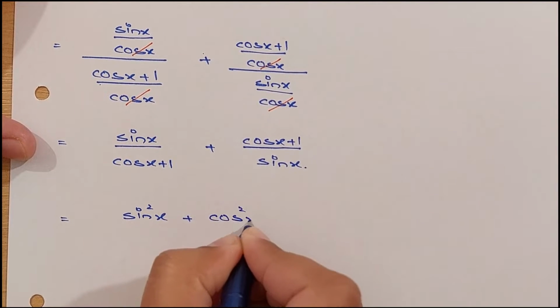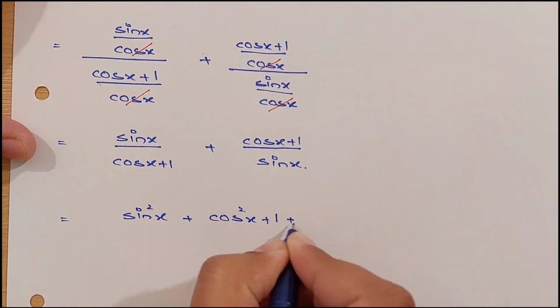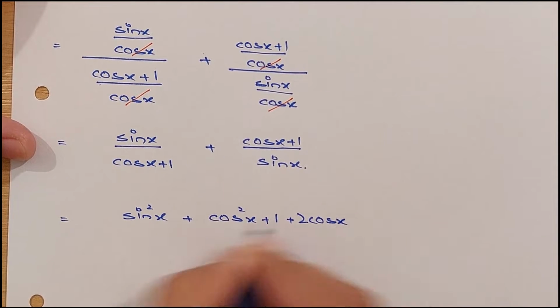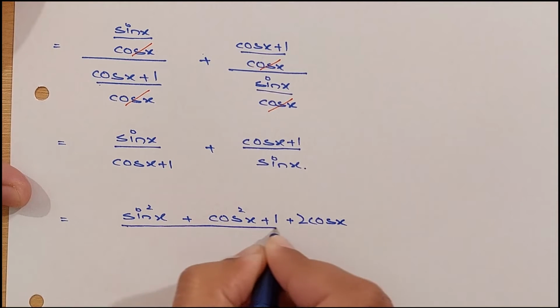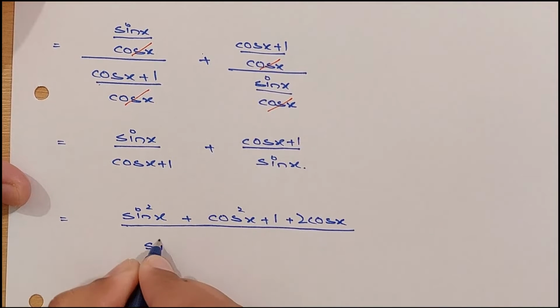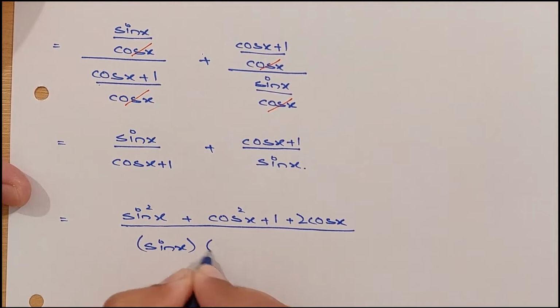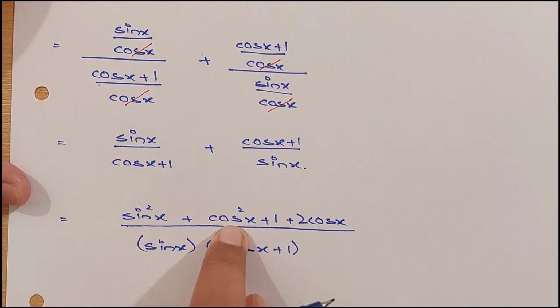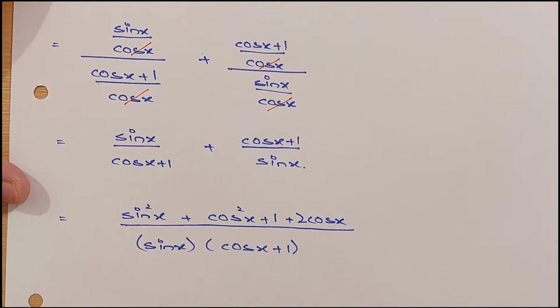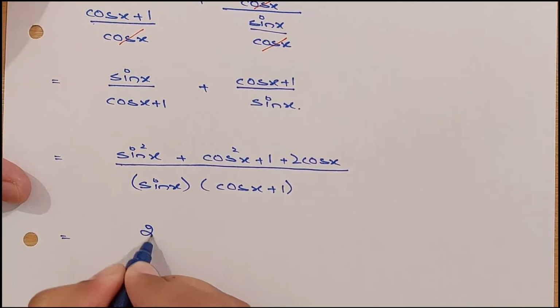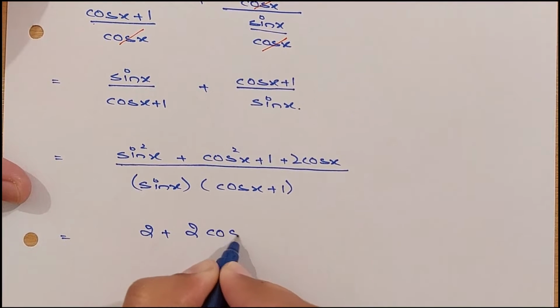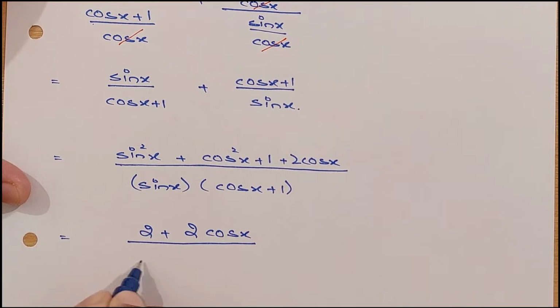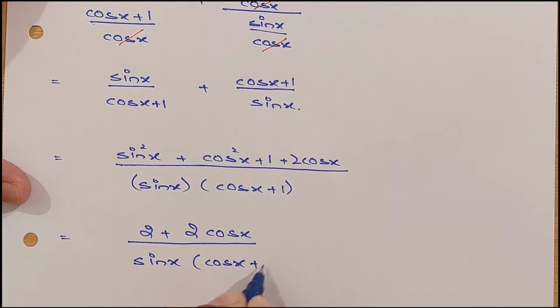So cos square x, 1 square is just 1, plus 2 cos x, whole divided by sine x into (cos x plus 1). Sine square x plus cos square x is 1, and 1 plus 1 is 2. So we have 2 plus 2 cos x over sine x times (cos x plus 1).